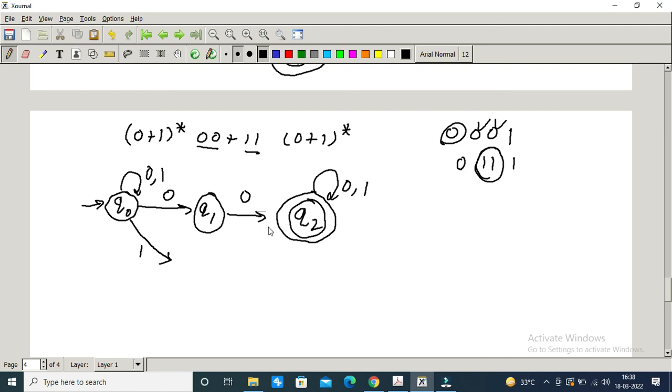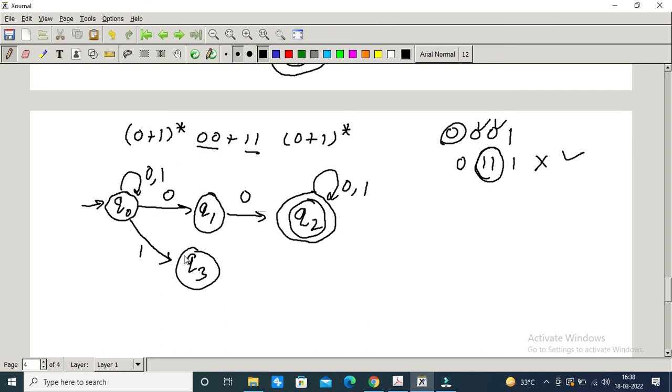So for this machine, this string will not be accepted, but in the question they are asking that it must accept the pair of 0 0 or pair of 1 1 in between. Any combination of 0 1, any combination of 0 0 and 1. So for that we have to take another step, right?